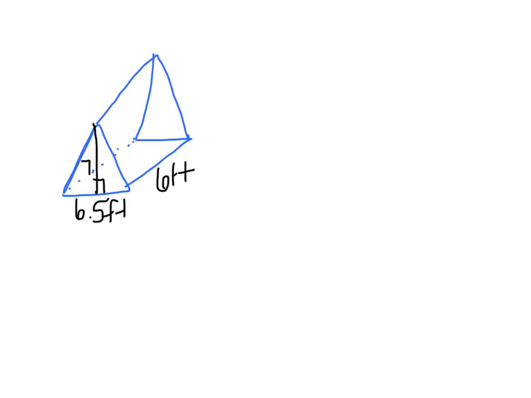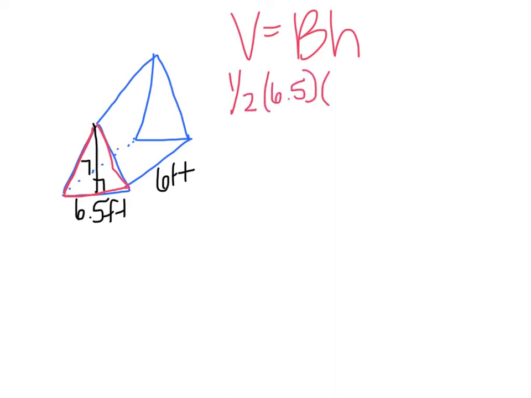So our formula is volume equals base times height. So the area of the base is this triangle. So it is 1/2 of the base of the triangle, which is 6.5, times the height of the triangle, which is 7, times the height of the prism, which is 6.